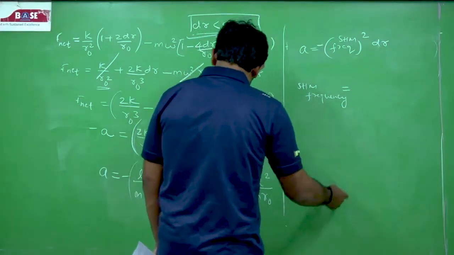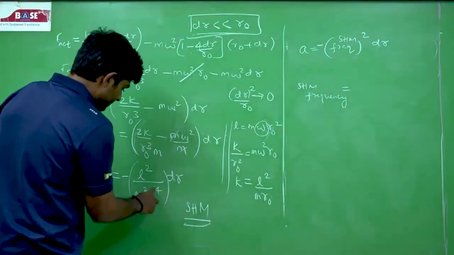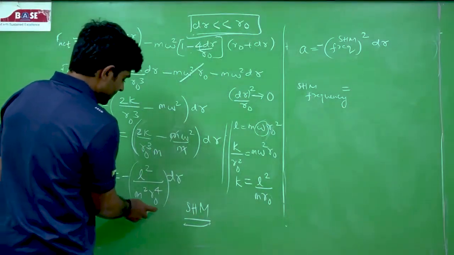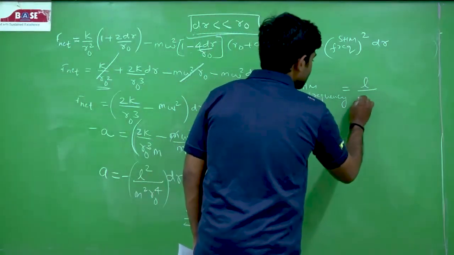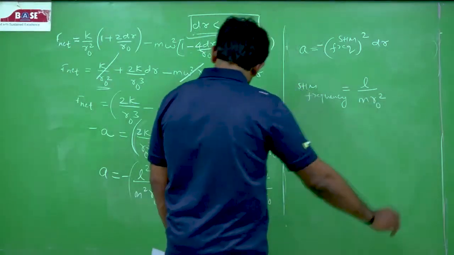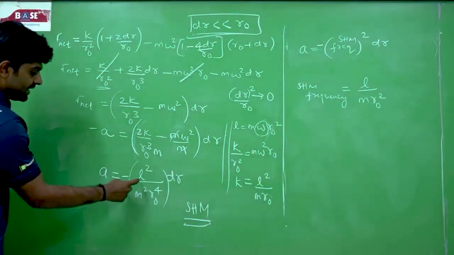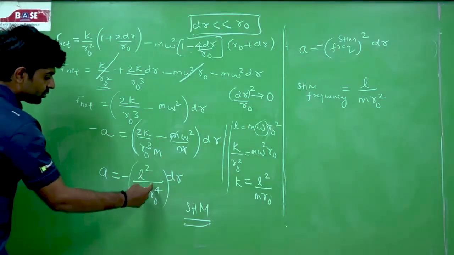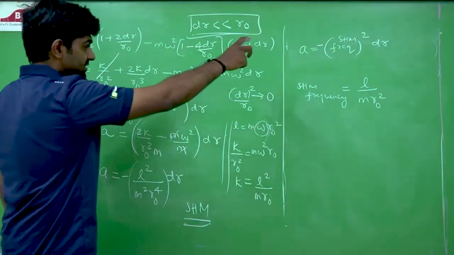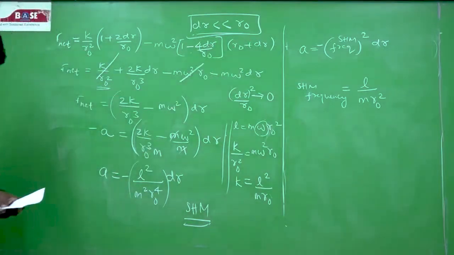So SHM frequency is given as L by m r naught squared. Please check once. Here we have L by m r naught squared whole square; that is SHM frequency squared. So we'll have SHM frequency as L by m r naught squared.